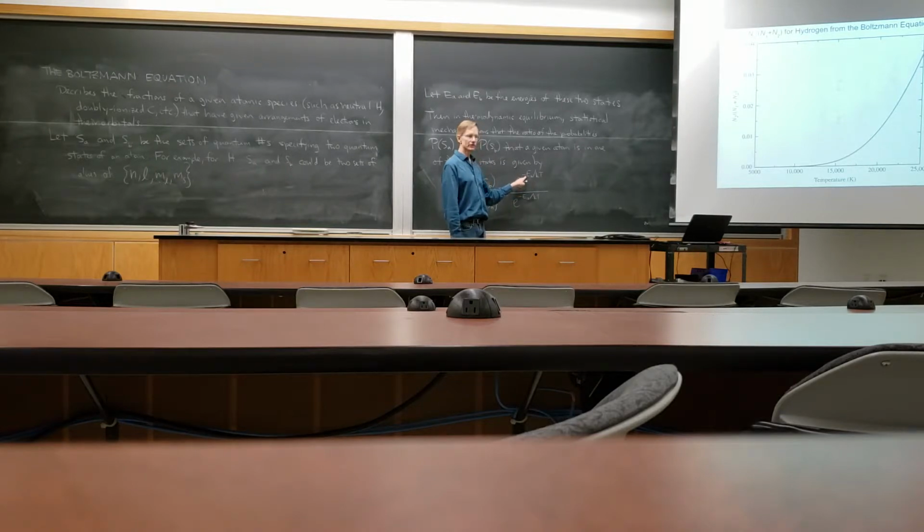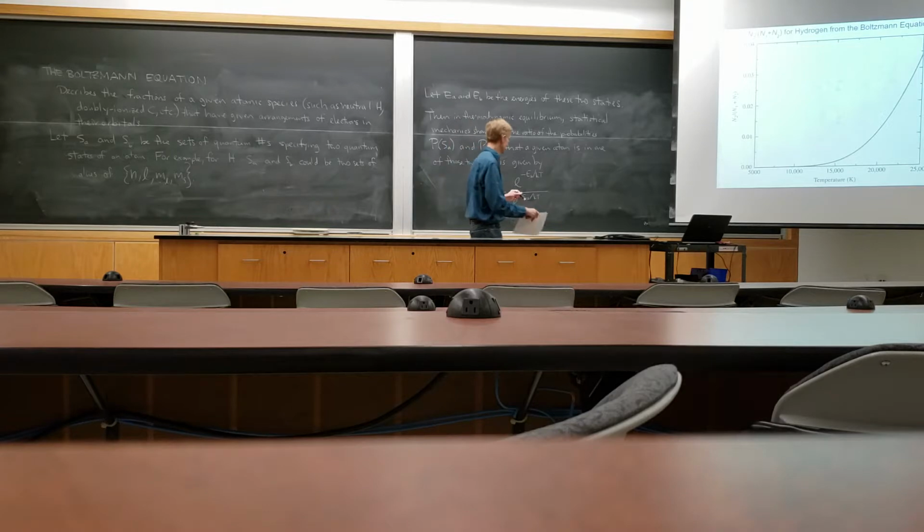So the more energetic the state, the less likely you are to find the atom in that state. Physically, that's because to get an atom into an excited state takes collisions and things like that. And the higher the energy is, the lower the fraction of the atoms that will have enough energy to have a collision cause a transition into that state.